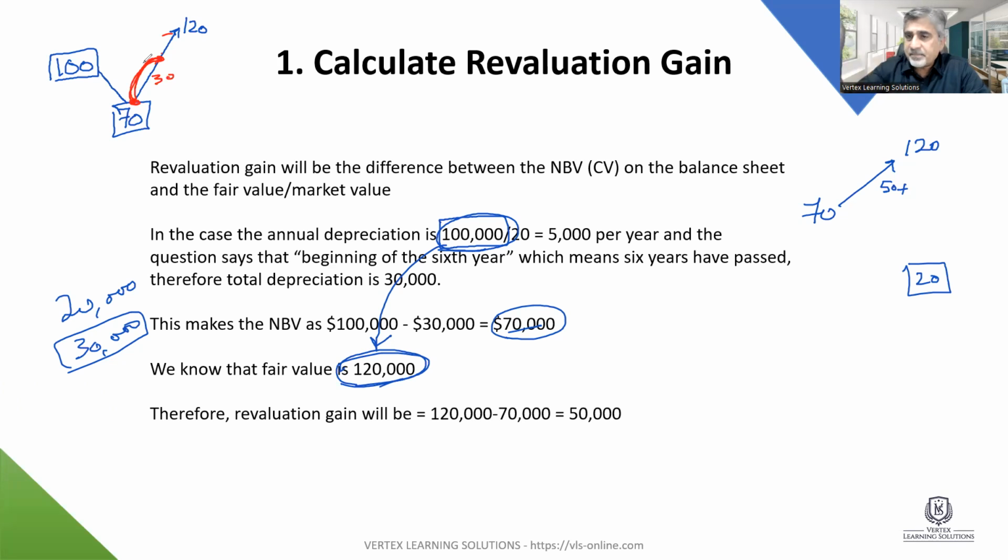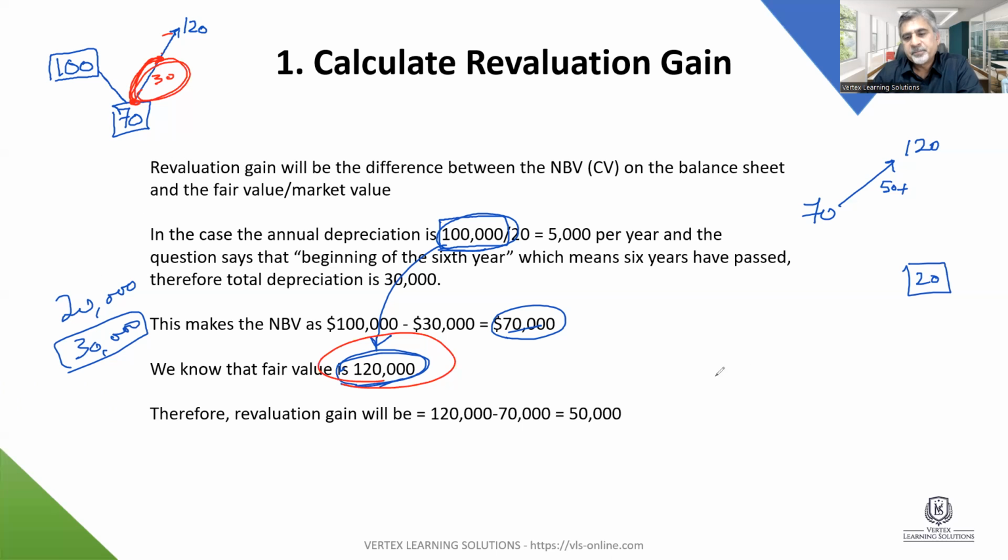Whereas in the market, the reality was that asset was increasing in value. You see, asset went up. Asset did not depreciate. So for me, this 30,000 which you charged as depreciation and decreased the value of asset was not a good thing.